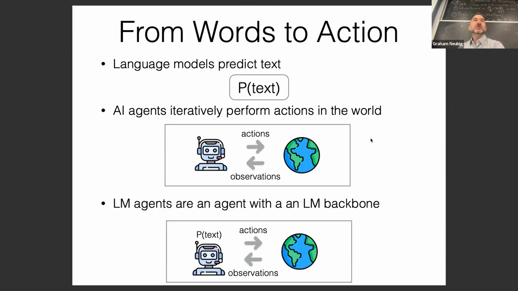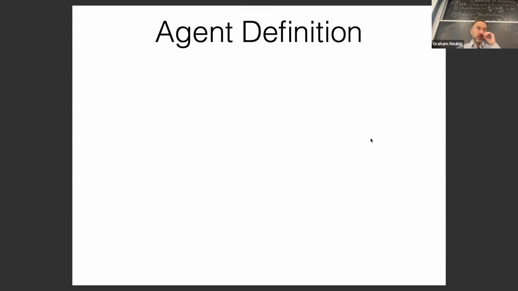LLM agents are agents with an LLM backbone. LLM agents are maybe the standard nowadays, but before them, we had agents that didn't have a language model as a backbone and were trained directly to predict actions from images or other things like that. So that's what I mean when I say LLM agents.